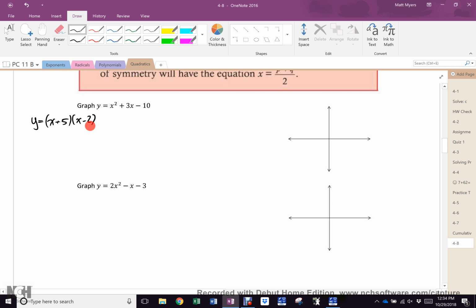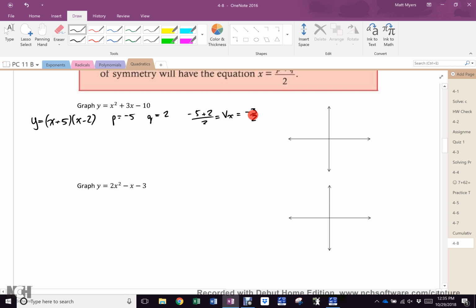Yes. So now I know P equals what? Negative 5. And Q equals what? Positive 2. So negative 5 plus 2 over 2 equals my Vx, yeah? What is that? Negative 3 halves, correct? Yes. Okay.